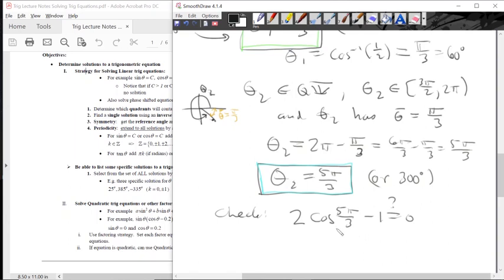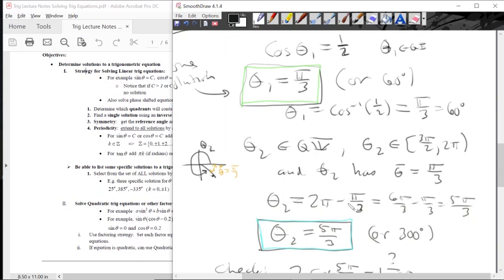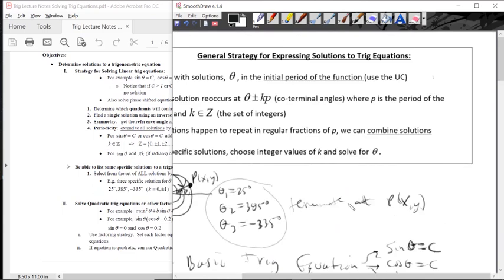Make sure you're in radian mode on your calculator, and plug it in. I'm plugging it in right now, and yes, the cosine of 5 pi over 3 is exactly equal to 1/2, so this becomes 2 times 1/2 minus 1. That's 1 minus 1 equals 0, and that is true. So we did find another solution. Just as pi over 3 is a solution, 5 pi over 3 is also a solution.